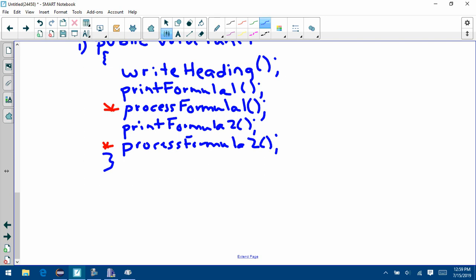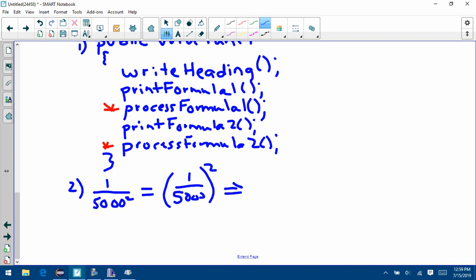In doing that, here's a couple other hints. If I wanted to do 1 over, let's say, 500 squared or 5,000 squared, know that that's the same as saying 1 over 5,000 squared, if that helps anymore. And also know you could do 1 divided by, if I wanted to just do 5,000 squared, remember you can do that by doing math.pow.